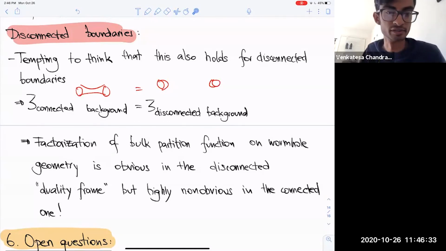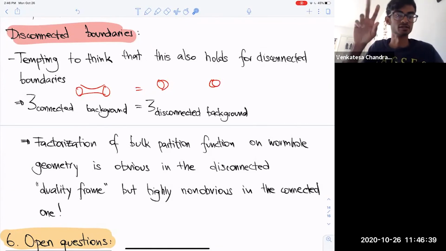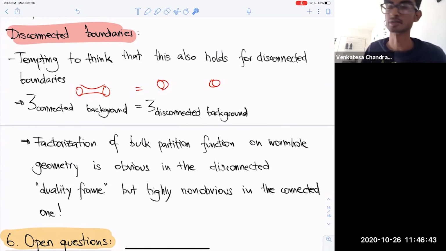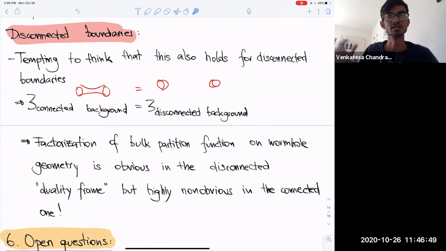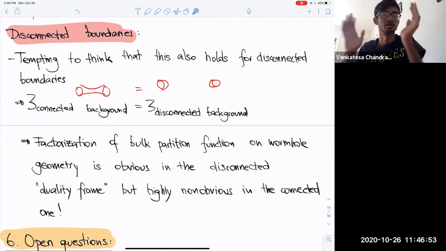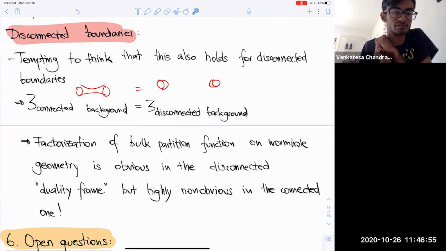I had a bit of a vague question. So you mentioned at the end that the fact that these partition functions are the same might come from some enhancement of this higher spin algebra. Do you have an understanding of how this might be related to the statements made in pure gravity, that maybe the disconnected and connected partition functions are equal because of some kind of non-perturbative diffeomorphism invariance in a pure gravity context?